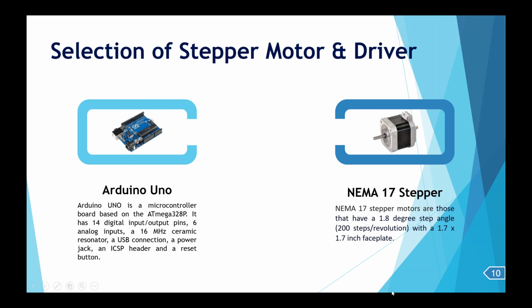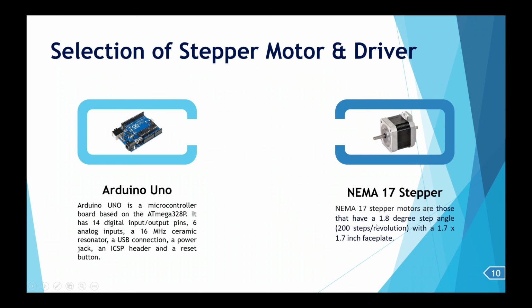In case of the NEMA 17 motor, unlike the DC motor, the motor rating or specification is not given by the RPM. You have seen that in case of a DC motor, the specification is determined by its revolutions per minute. But in case of a stepper motor, the specification is given by the steps per revolution. For the NEMA 17 stepper motor, the specification is 200 steps per revolution.